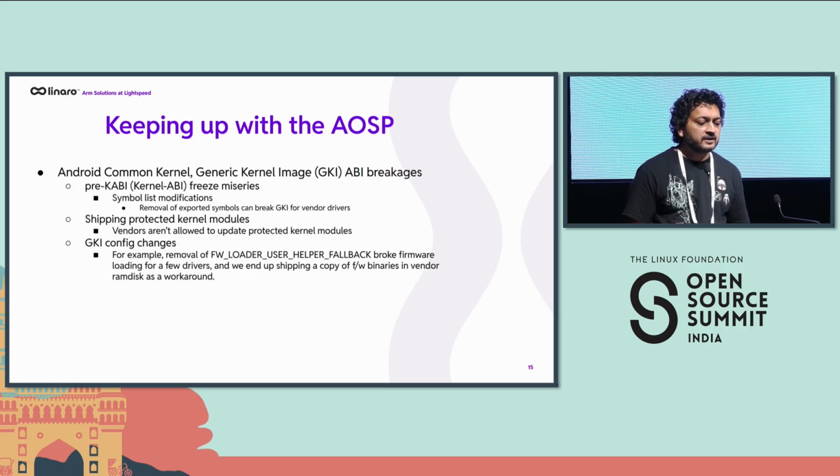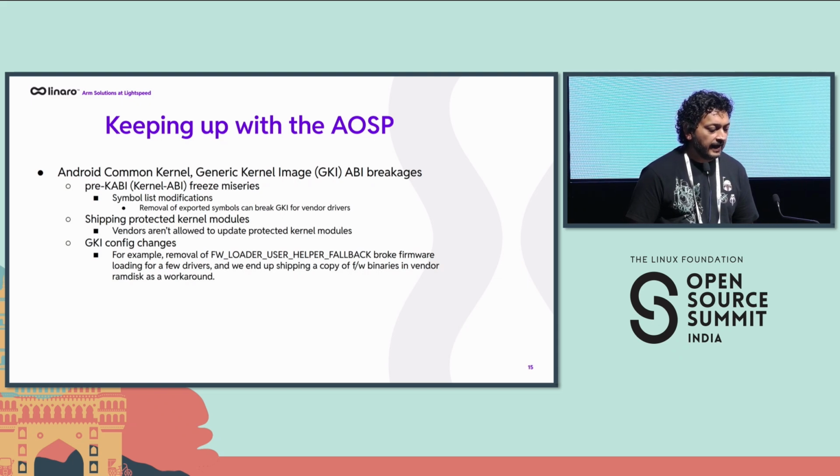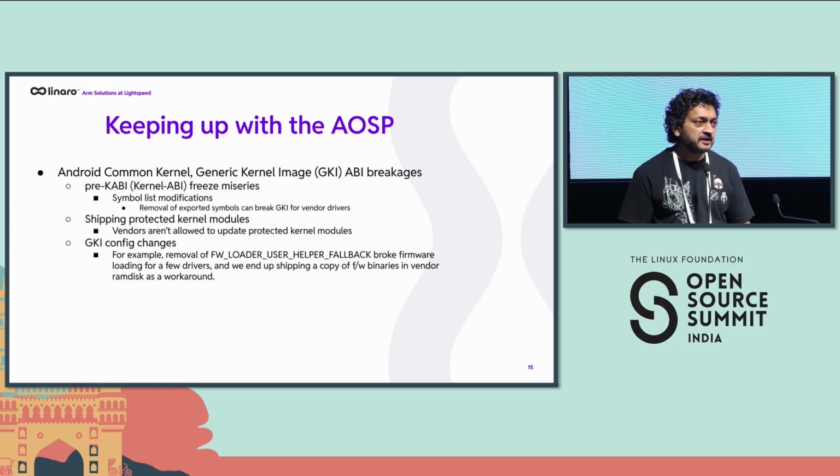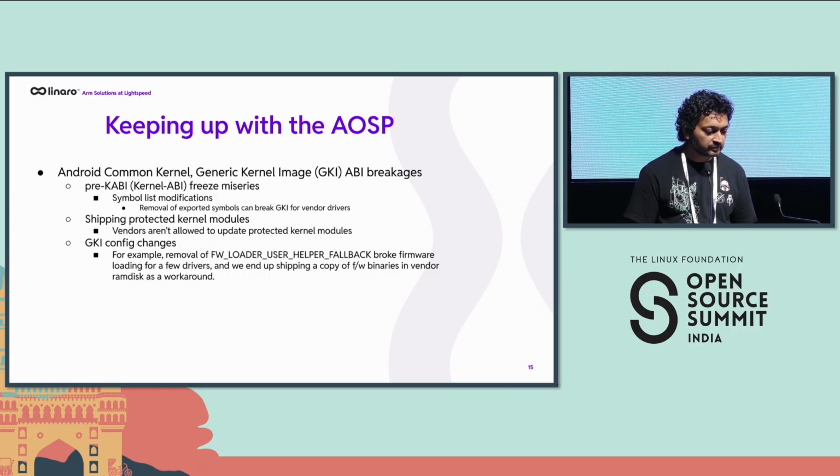The out-of-tree drivers are allowed to use only a certain subset of exported kernel symbols. These are maintained as a separate symbol list, and this list keeps on changing during the development cycle for that particular kernel release, and it may break vendor drivers.